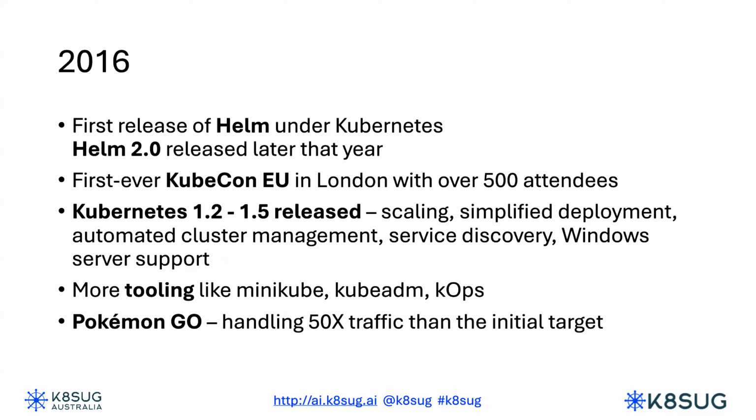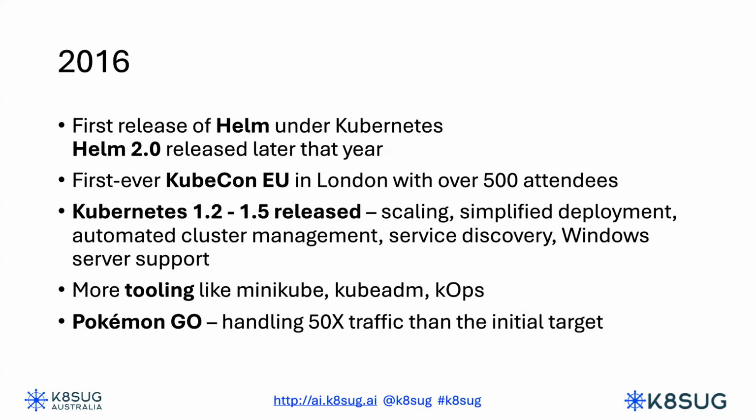Throughout this year, there were several major releases of Kubernetes, from version 1.2 to 1.5, that included better scaling performance, more simplified deployment, automated cluster management, service discovery, and added support for Windows Server.